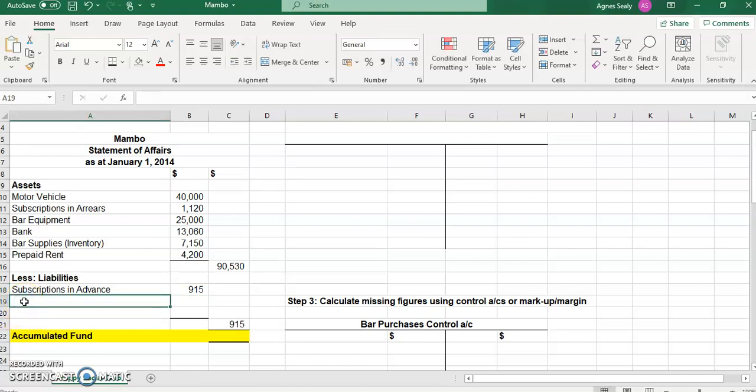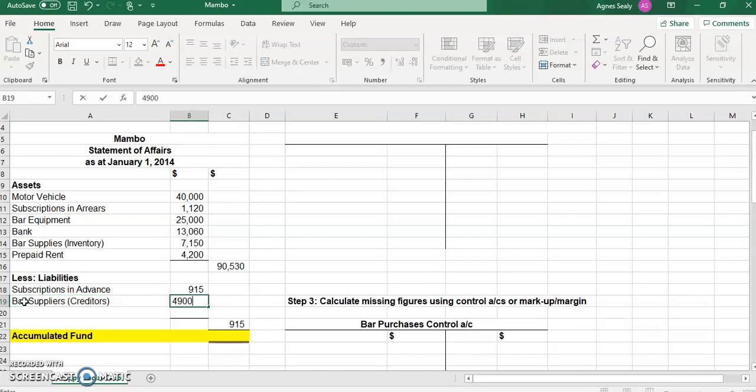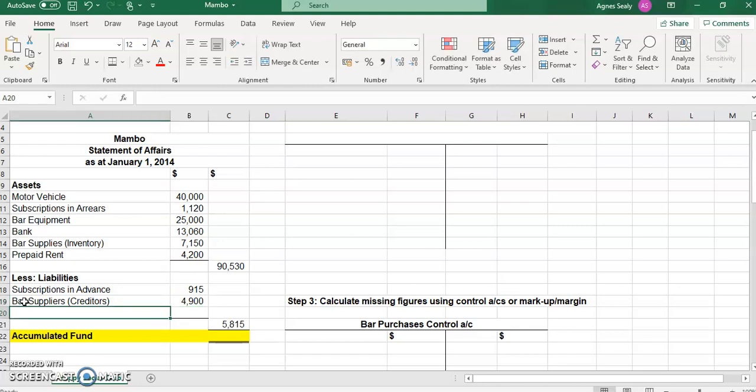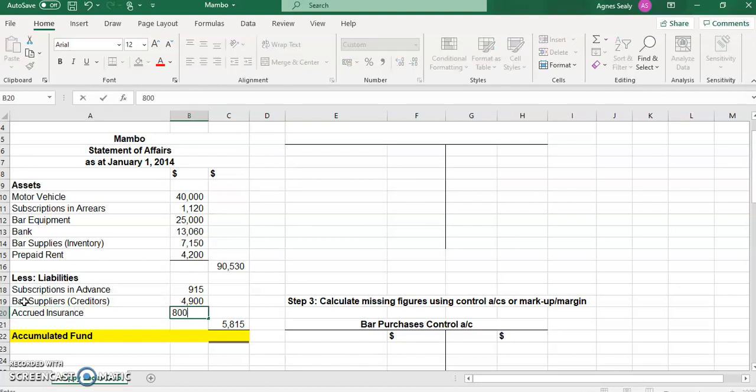It owed them a service. So it's something like unearned revenue. You have your bar suppliers, which will be your creditors, and that is $4,900. And you have accrued insurance, and that is $800.